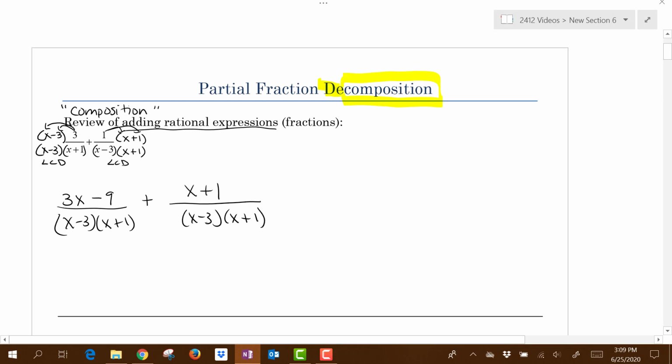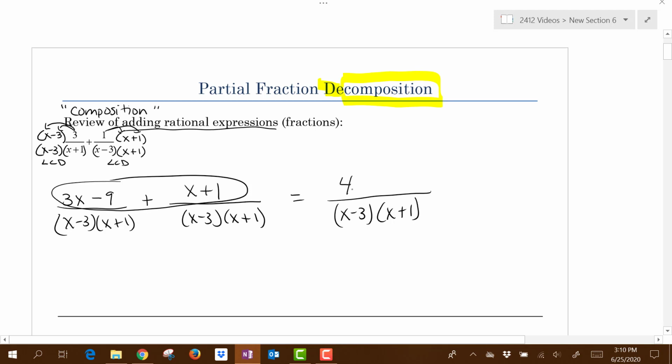Alright, so now that we have that common denominator, now we can actually combine the numerators together. So we keep the same denominator, and we add the like terms on top. So that's 3x plus x, that's 4x, and then negative 9 plus 1, that's a negative 8. Now if you wanted to, you could multiply out or FOIL the denominator.